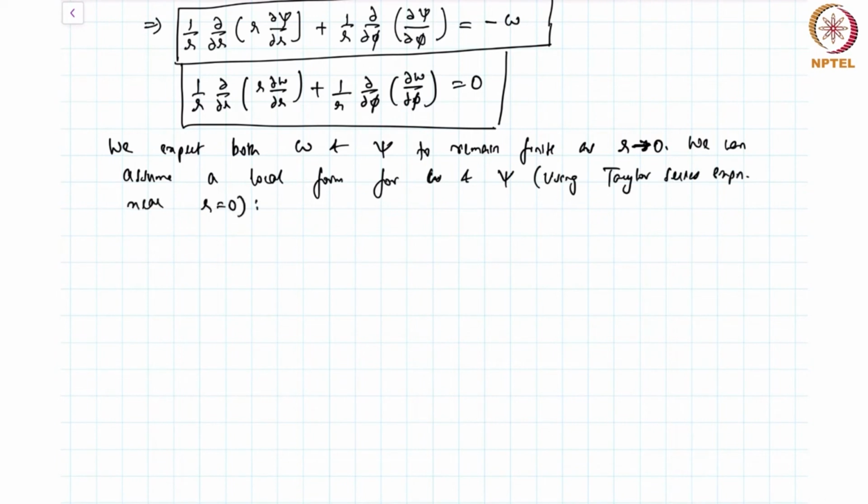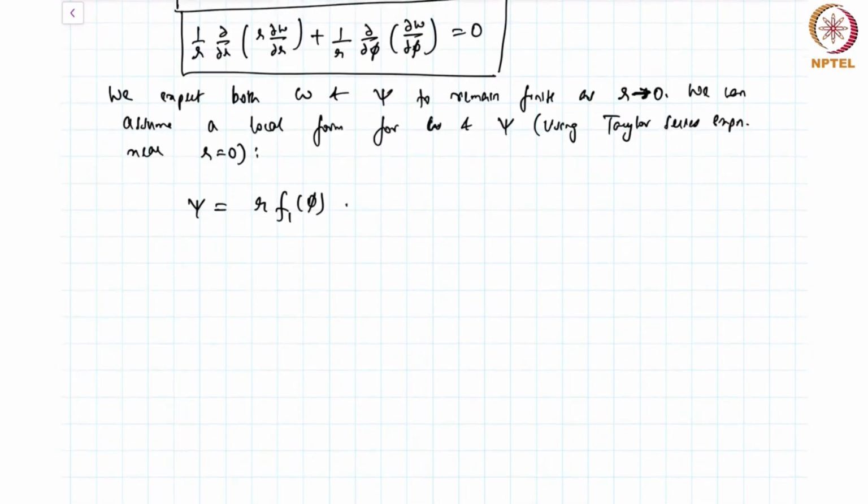The argument is that I can always define ψ to be r times f1 of φ plus some order r squared, and similarly I can define ω to be r times f2 of φ plus order r squared.